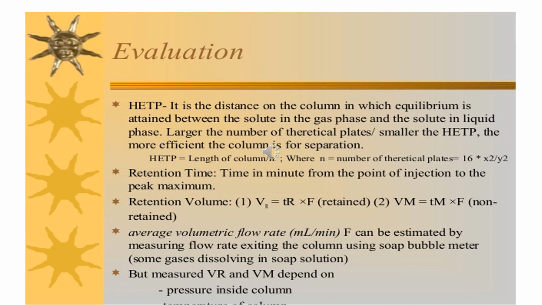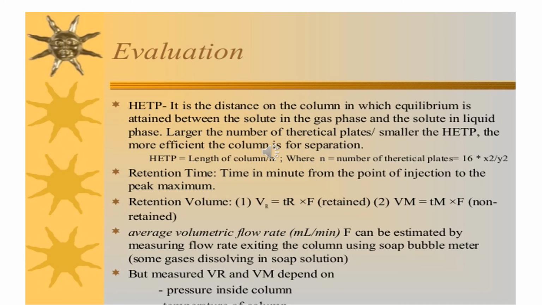Evaluation. HETP is the distance on the column in which equilibrium is attained between the solute in the gas phase and the solute in the liquid phase. The larger the number of theoretical plates, or the smaller the HETP, the more efficient the column is for separation.